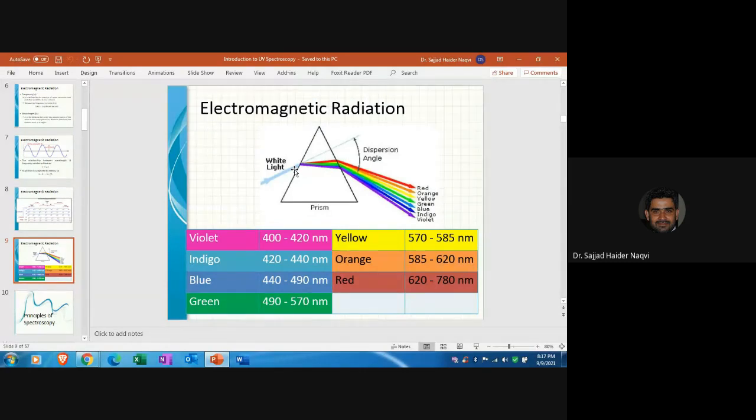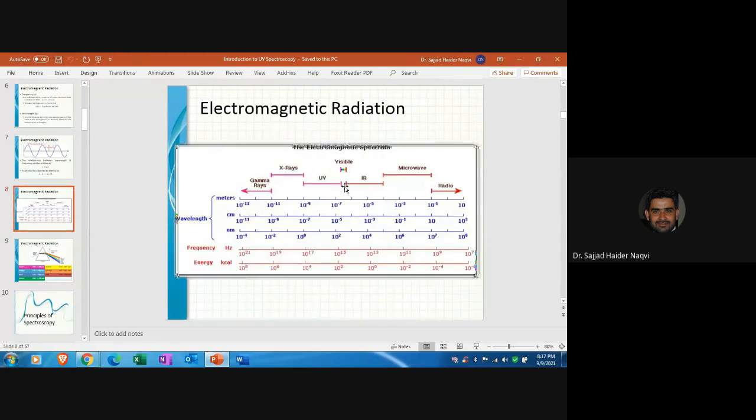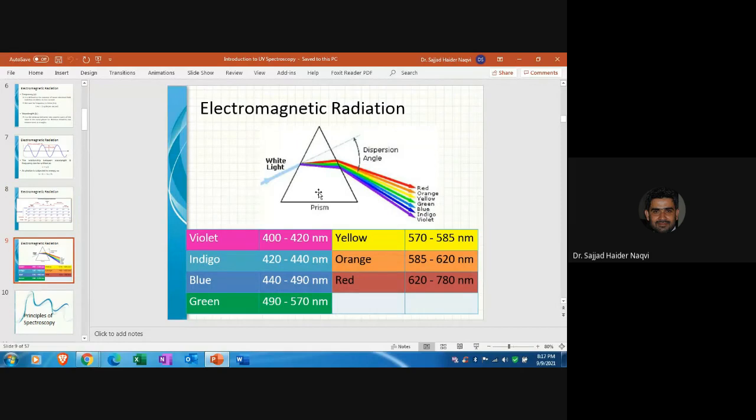This particular diagram in front of you is actually the visible portion, the small portion we discussed here. So this picture is the visible portion of the electromagnetic radiation, which is white light. If it passes through a prism, it is dispersed into its seven constituent colors, as you can see, and they all have different wavelengths.